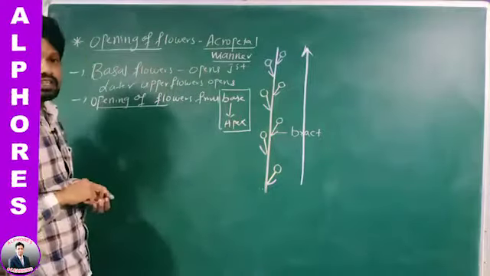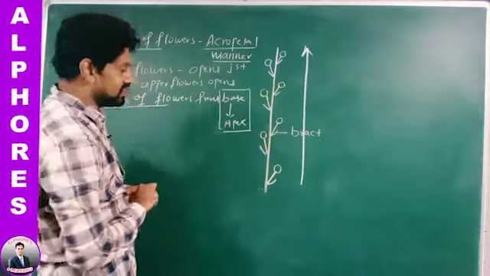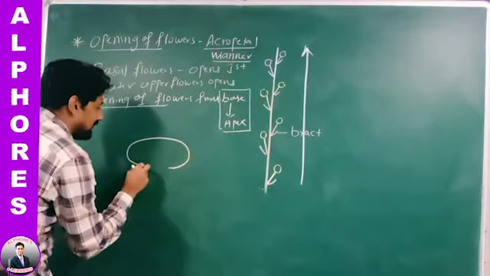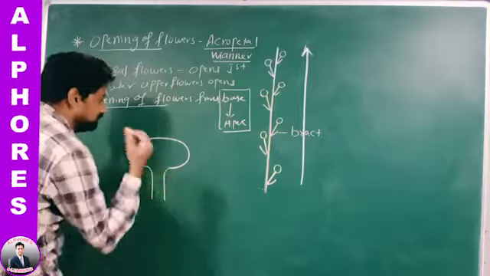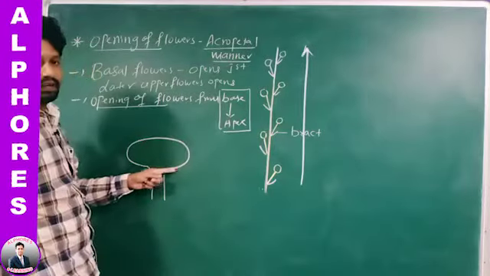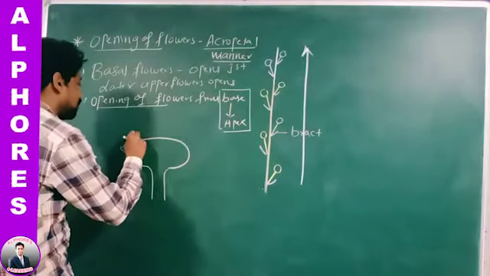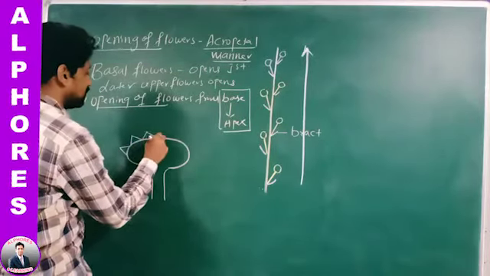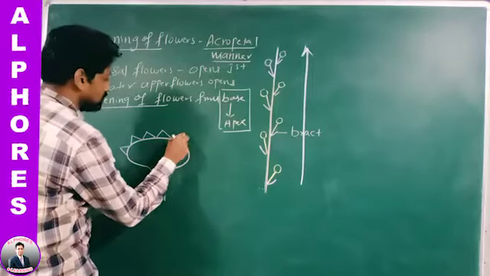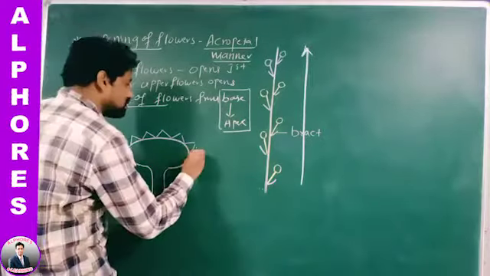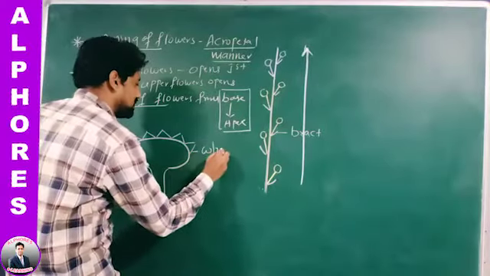In racemose inflorescence, in which inflorescence? Racemose inflorescence. If the peduncle is condensed, see the diagram. This is condensed peduncle. What happens, sir? Bracts come close to one another and form a whorl of bracts.